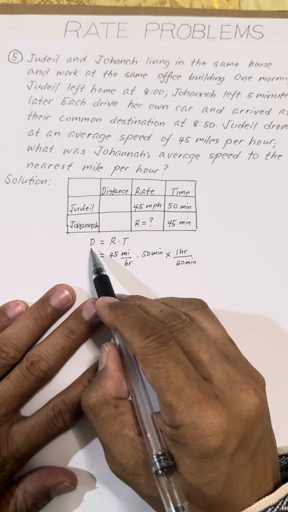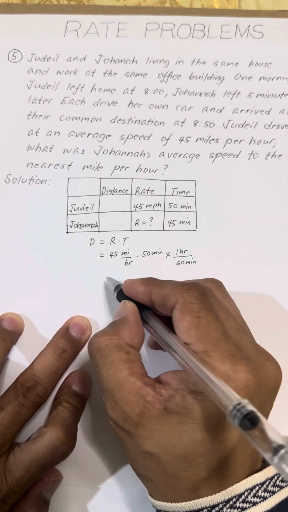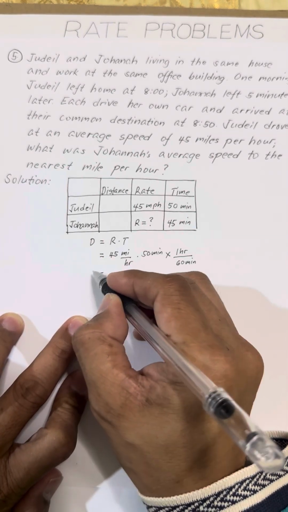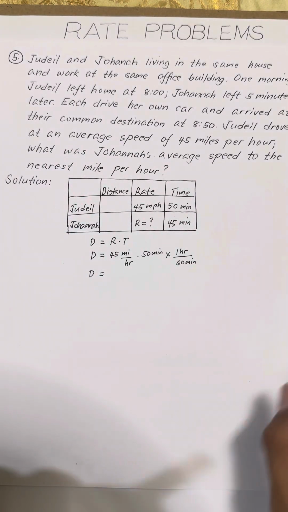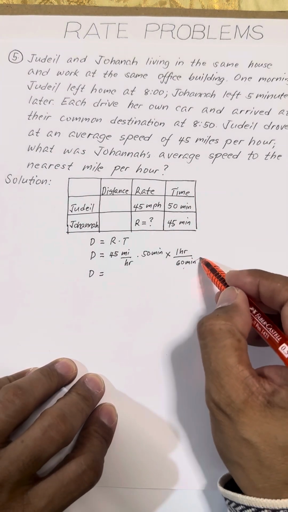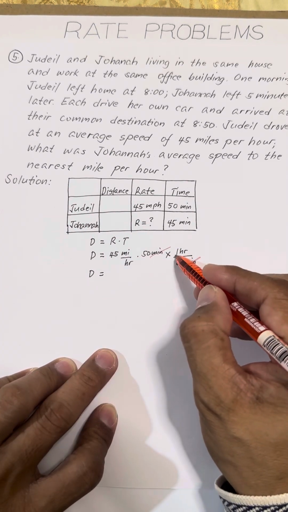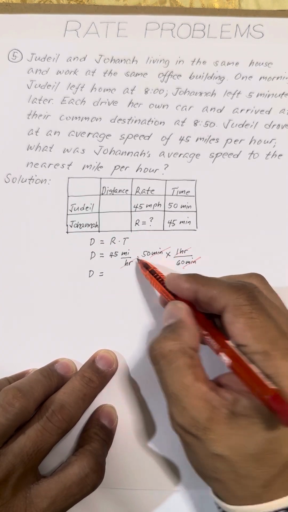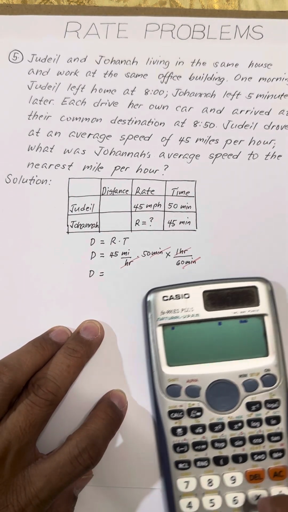On the left side we have distance, so we expect our unit to be miles. The minutes at the denominator cancel with the minutes at the numerator, and the hour at the numerator cancels out with the hour at the denominator.